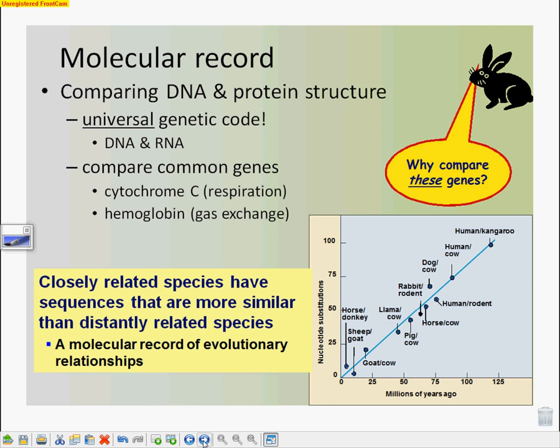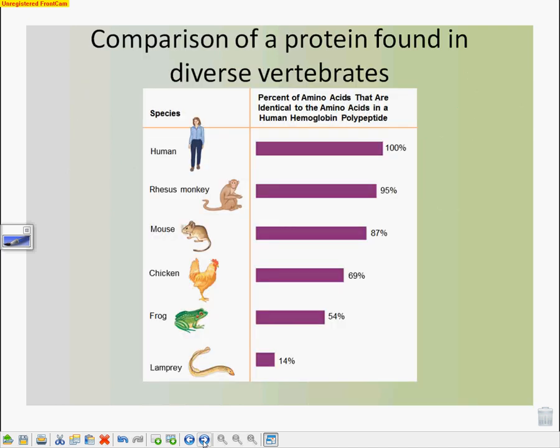And that's exactly what we're going to be working on in class too. We're going to find out how many differences there are in hemoglobin and cytochrome C in different species. If you compare a human to a human, they're going to be 100% identical. And as you move down to those different ancestors, to those different organisms, it gives us an idea of where mutations occurred in those ancestors.